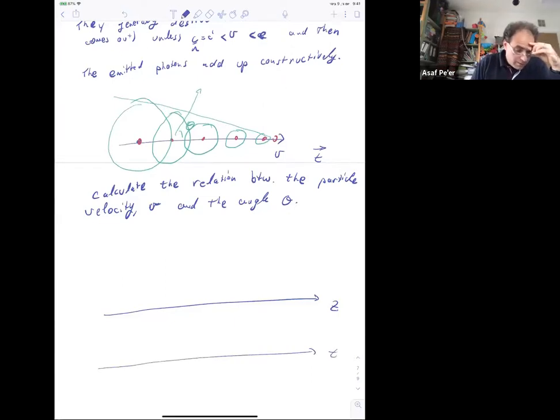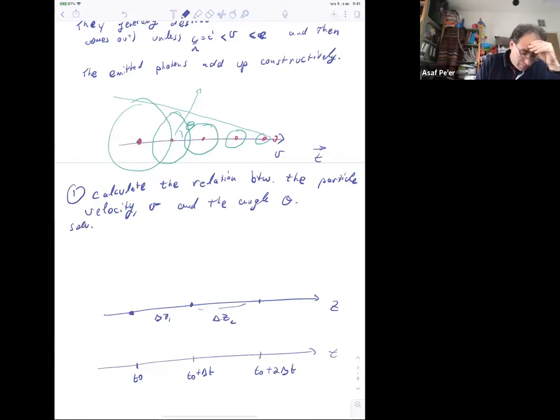So let's look at the situation at 3 different times, right? At t0, the particle was here. At, let's say, t0 plus delta t, the particle was here, and at t0 plus 2 delta t, the particle was here. Right, so this will be delta z1, this will be delta z2. And then there is some emission which will go in some direction. So let's call this delta r1, at the angle theta.